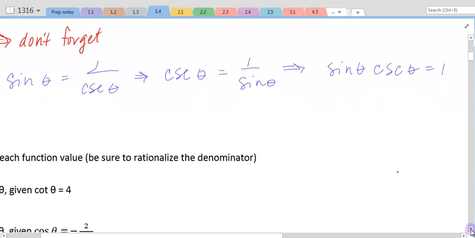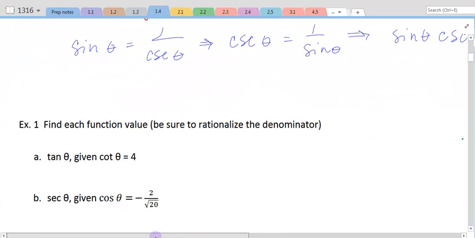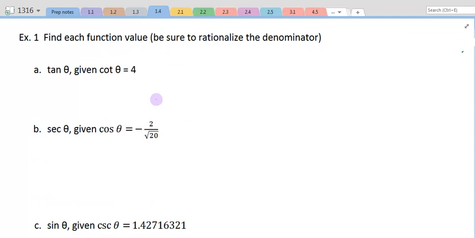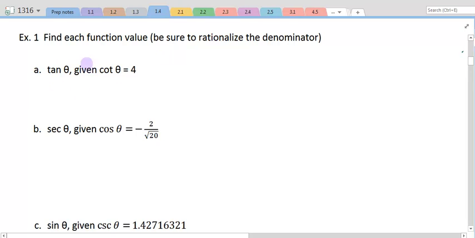So now let's move into our first example. This first example asks us to find the function value given the relationship here, and make sure that you write it with a rationalized denominator. So in other words, we shouldn't be giving back any decimal values, or in other words, not using our calculator yet. So this first one, I want to know what the tangent of theta is if I'm given that the cotangent of theta is equal to 4.